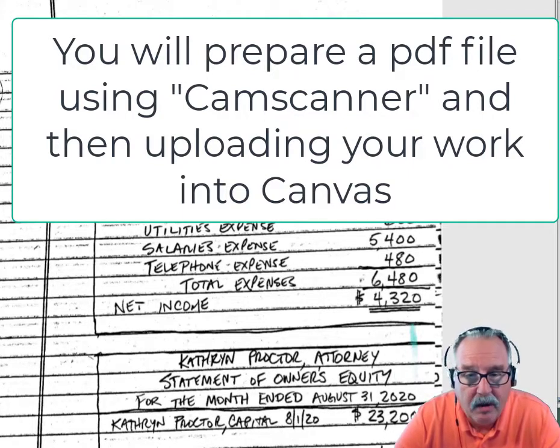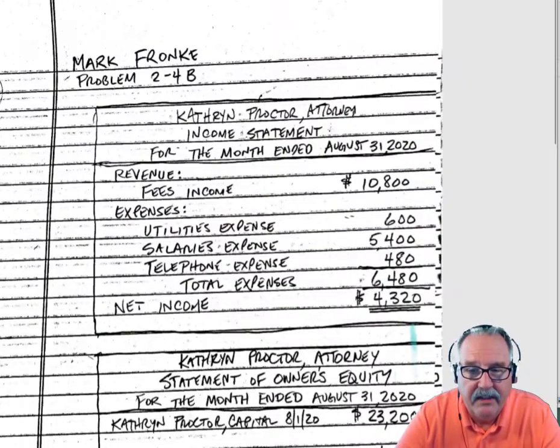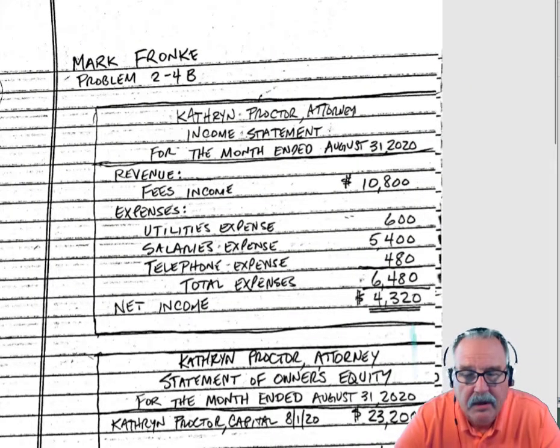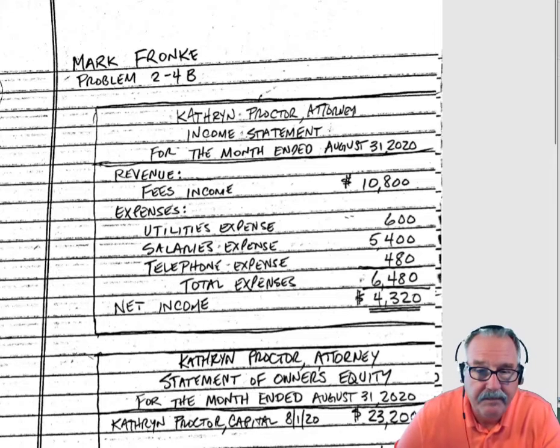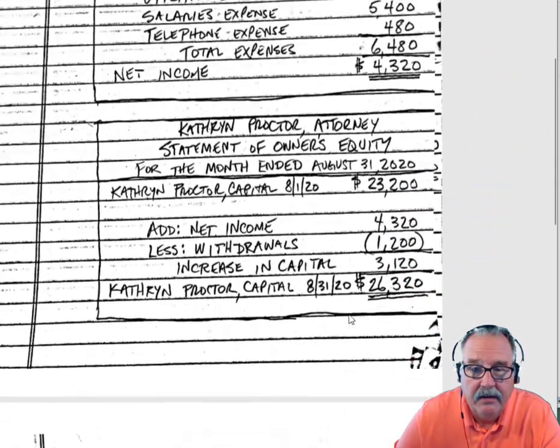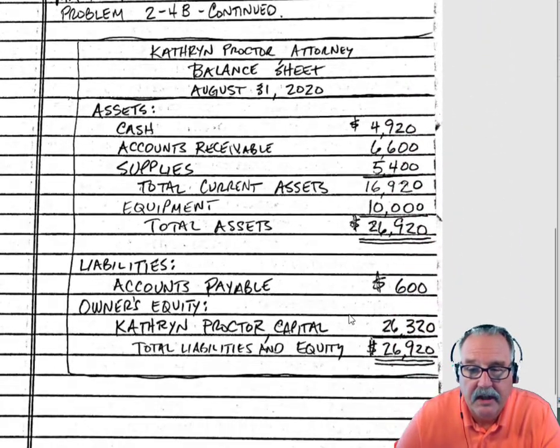But the one thing I want to make sure of is that you have your name, the problem number, and then remember, we're documenting this information for other people. If we look at this particular spreadsheet, this is Catherine Proctor, an attorney. This is problem 2-4B, and I've prepared an income statement and a statement of owner's equity, and then on the second page, a balance sheet.